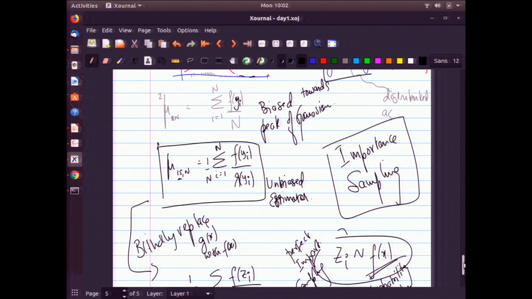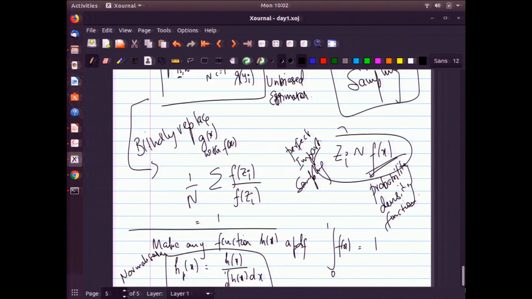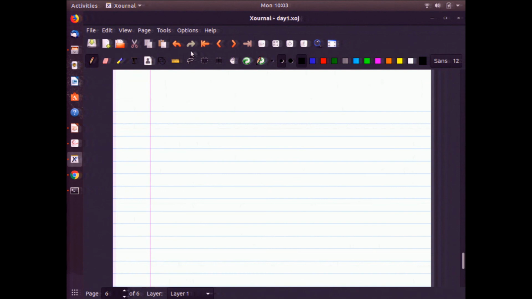Okay, so now how do you think mu IIS compares with mu, just the plain sampling? Do you have any guesses? So let's go back to this. We know that the standard Monte Carlo gives us this. What would you expect the mu IIS curve to be?